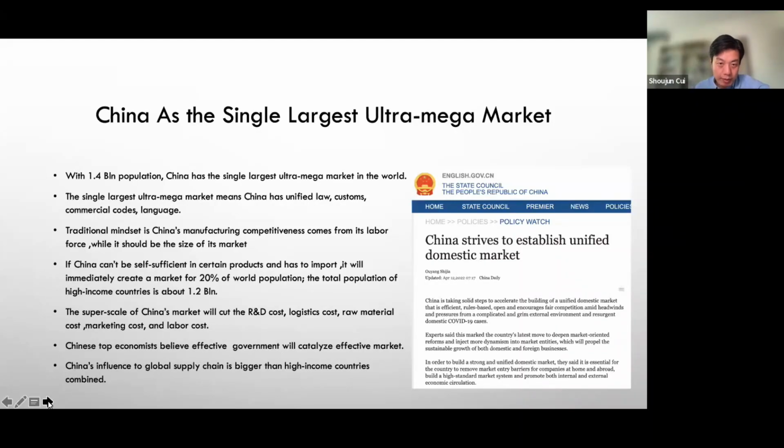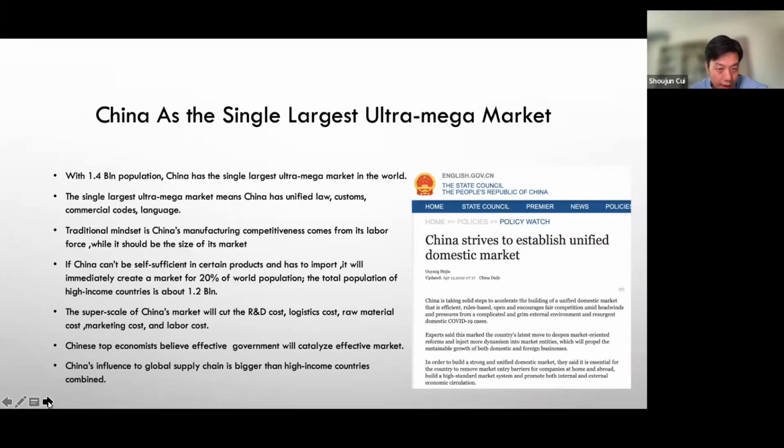India's population is big, but India has dozens of local languages and different states. India is a federal country. Different states have different customs rules and different commercial codes, which make India not a de facto unified market, but China is unified.